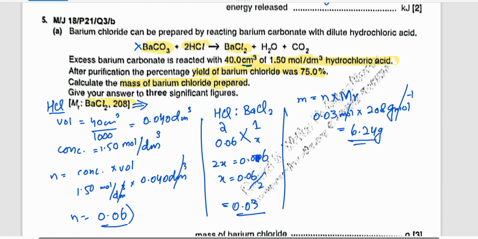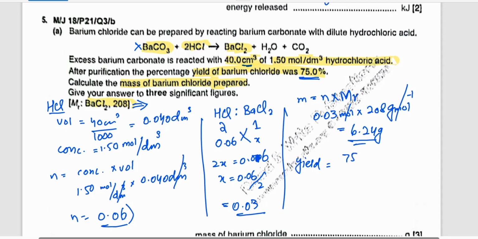This is the theoretical yield, which is calculated from the balanced chemical equation. But the actual yield is obtained practically, which is the real one. So after purification, its yield is 75%.